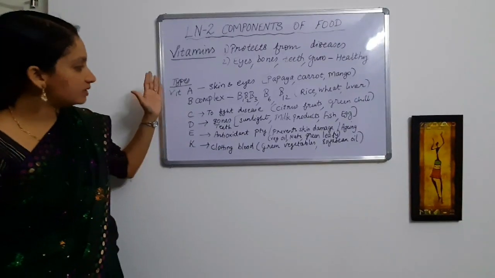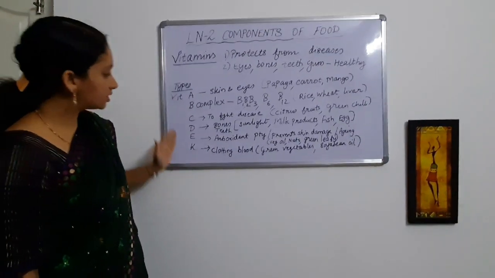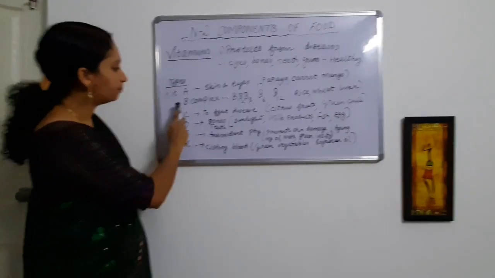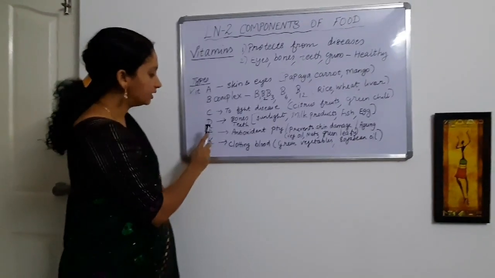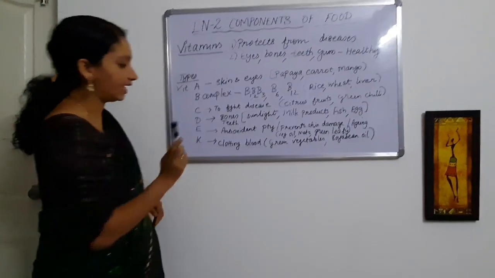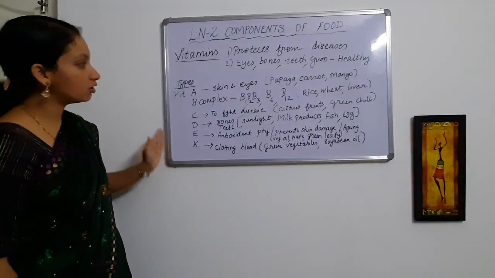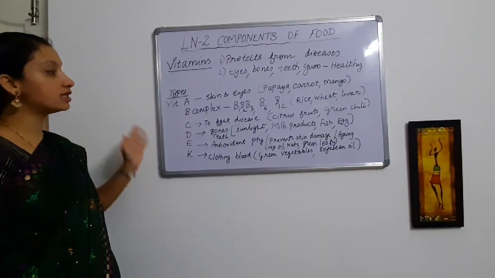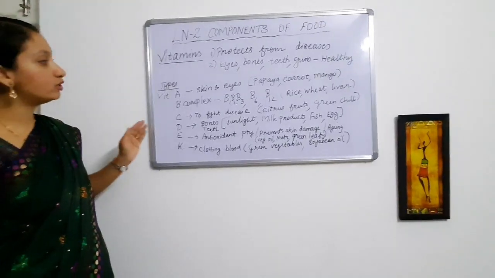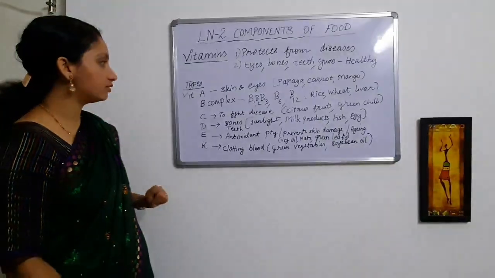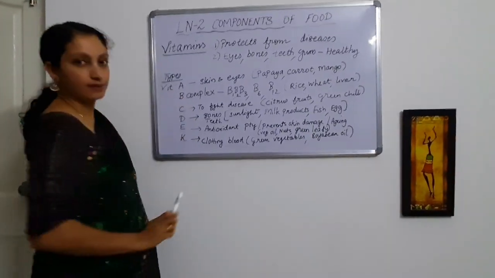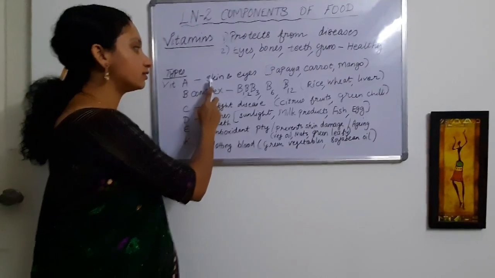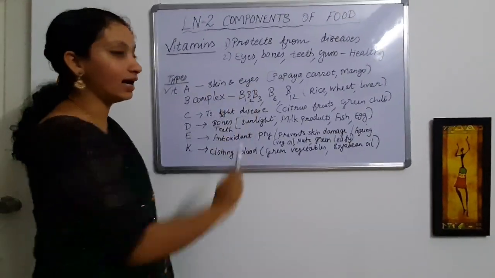So the vitamin groups are A, B complex, C, D, E and K. What are the functions of each one and what are the food sources giving these vitamins? We'll see now.